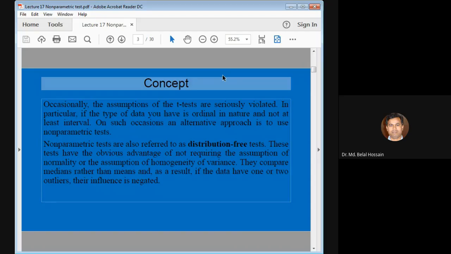They compare medians rather than means. Another criterion of non-parametric tests: as a result, if the data have one or two outliers, their influence is negated.